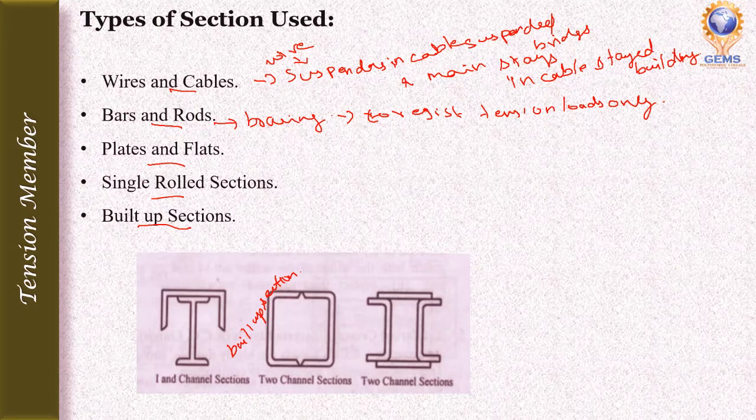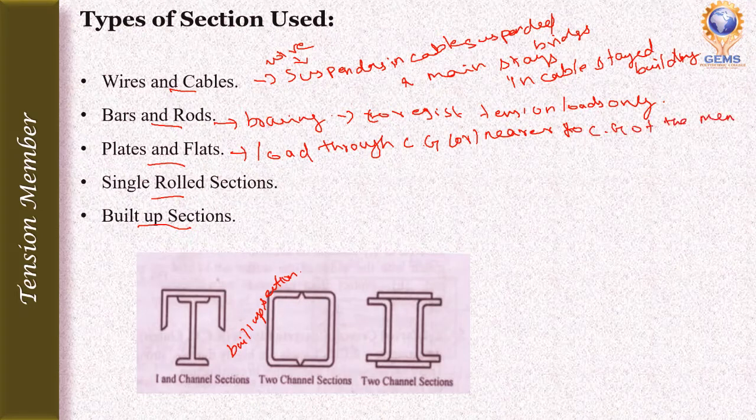And the flat sections are best for tension members. Plates or flats are best for tension members because the load will be transferred through the center of gravity of the member, or nearer to the CG of the member.